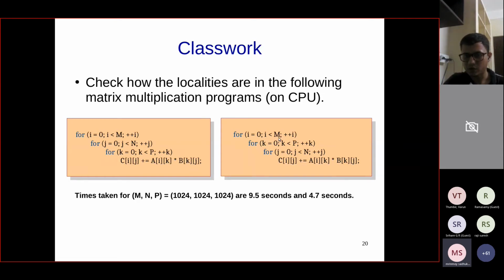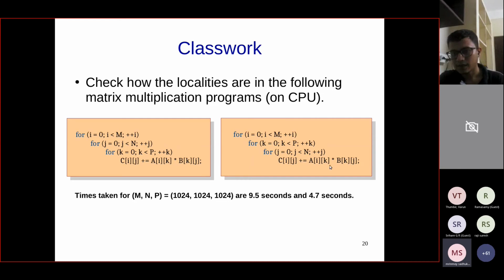Now coming to the second code snippet. Let us analyze what is happening. Here, C we are accessing in row major order, right? Because I is the slow moving variable and J is the very fast moving variable. So 0, 0 will be accessed, then 0, 1, then 0, 2, so this is row major order.